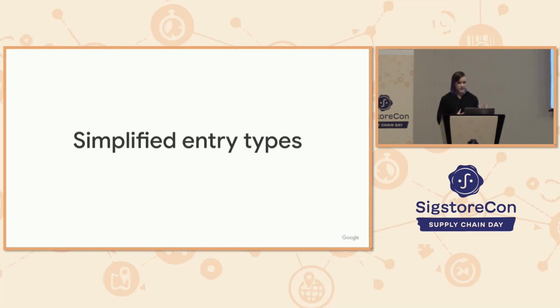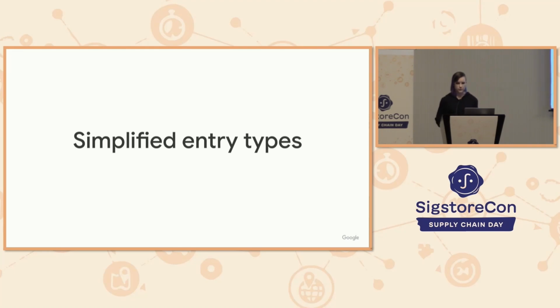And in the name of simplifying things, we also want to simplify the API around uploading an entry in terms of the entry types. We don't really want Rekor to have to deal with parsing and canonicalizing 100 different types of artifacts, whether that's jars or RPMs or Helm charts or different attestation formats.